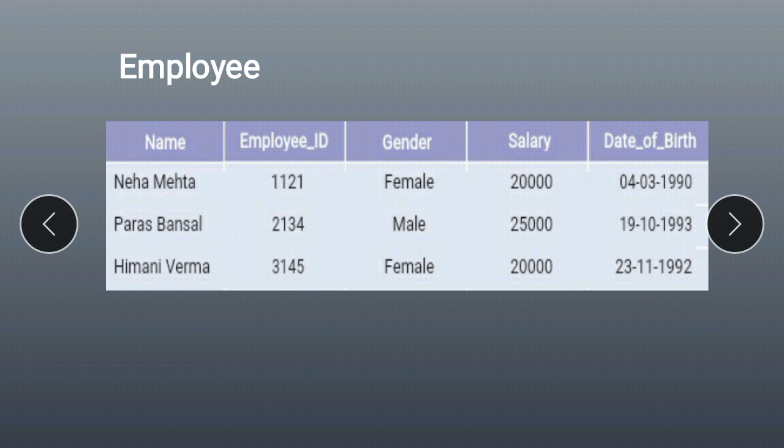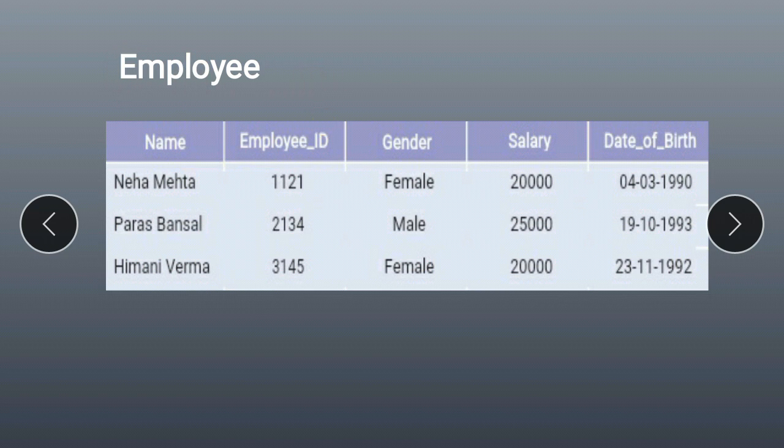After that there is relation schema. What do you mean by the relation schema? It is denoted by capital R, and it mainly tells us the list of attributes. For example, I am having 5 columns here, and the name of the relation is employee.